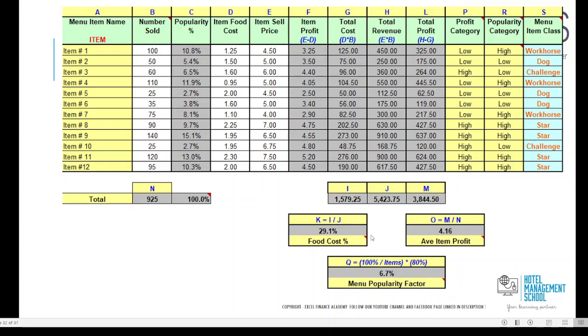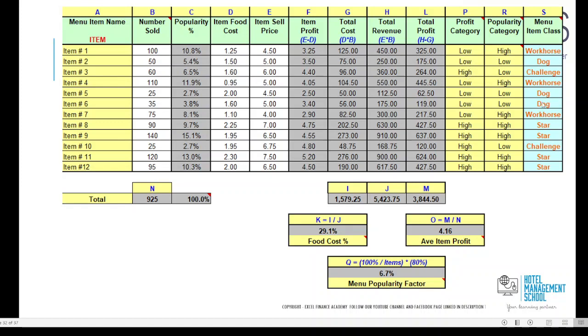And then you check the individual profitability of item F. If F is greater than the average item profit, then it's high profitability, otherwise it's low profitability.